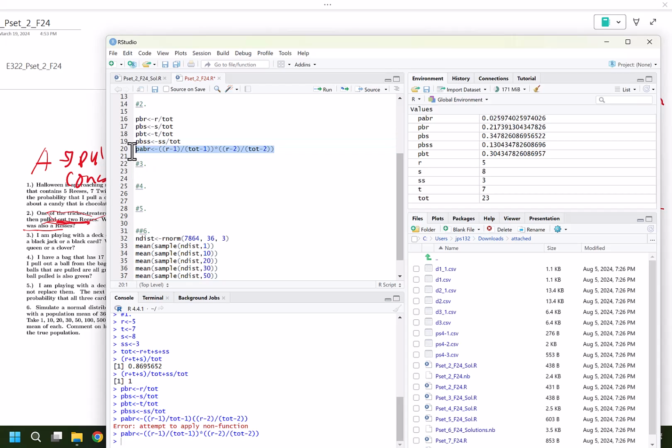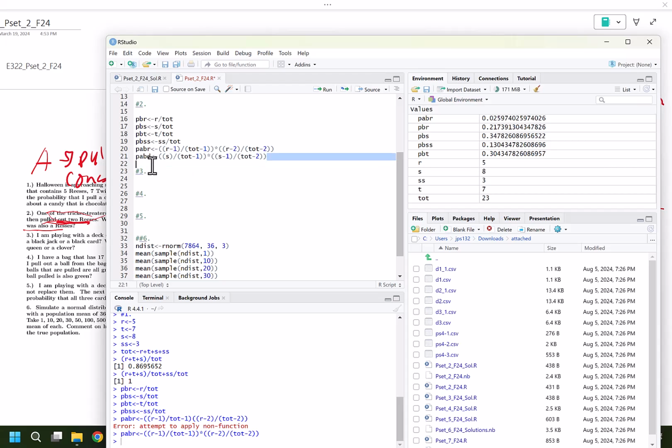So now I could copy this. That's for PA for Reese's. Then we'll do the same thing for Snickers, but now it's not S minus 1, it's just going to be S here, and then S minus 1.